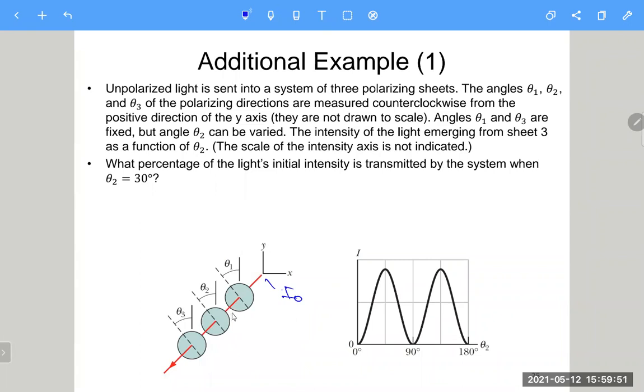with a certain angle. Actually, we don't really know what theta 1 is. And then we try to measure. So we can measure the incident. Probably this is I1, this is I2, and this is I3. So we can try to measure the intensity I3 here.